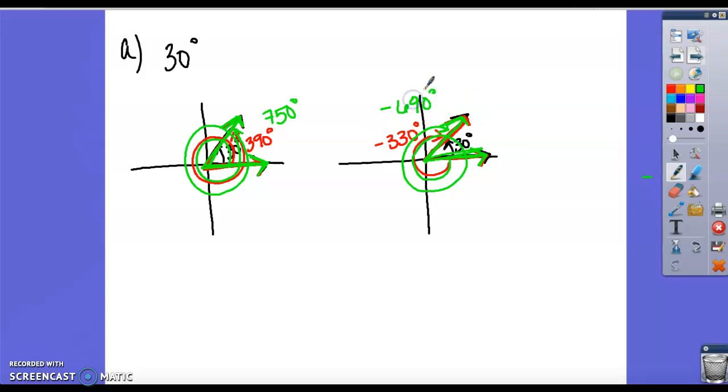So that's another coterminal angle. Again, I could do this infinitely, I could sit here all night and keep adding coterminal angles. So there's an infinite number of positive and an infinite number of negative.